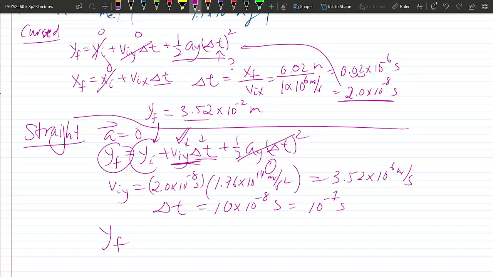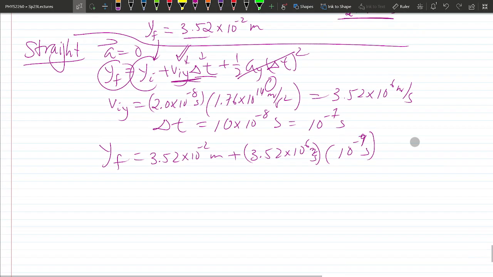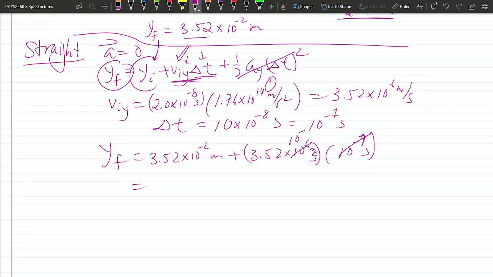Y final is y initial, 3.52 times 10 to the minus 2, plus v initial, which is 3.52 times 10 to the 6 meters per second, and then the amount of time it spends in there is 10 to the negative 7 seconds. So you add these up.